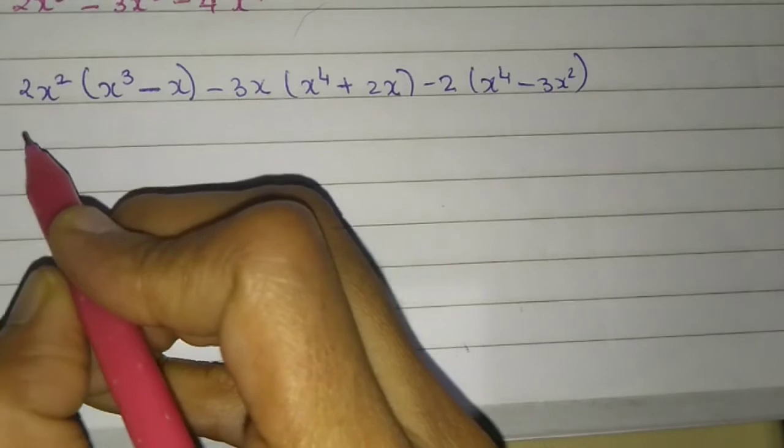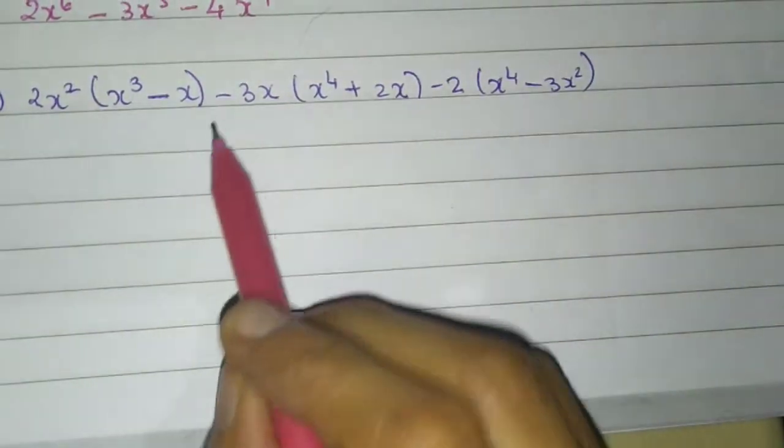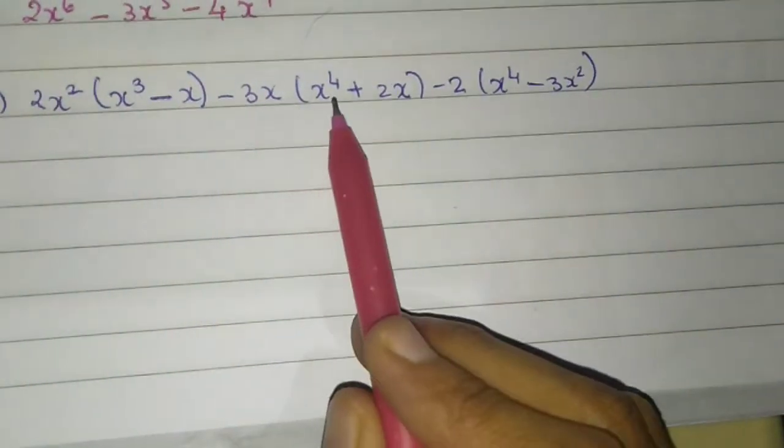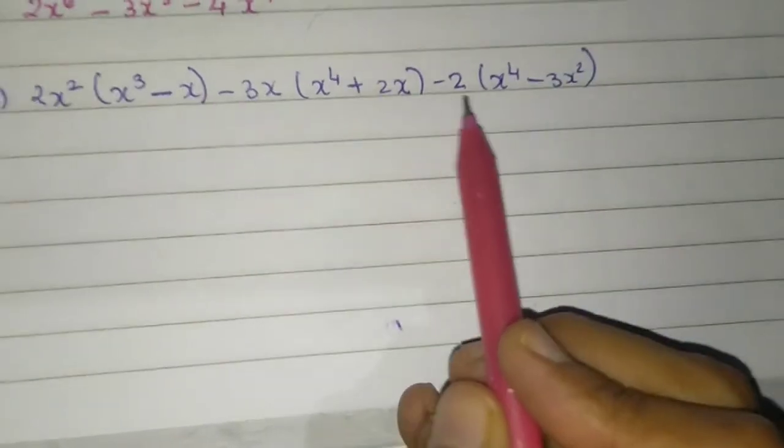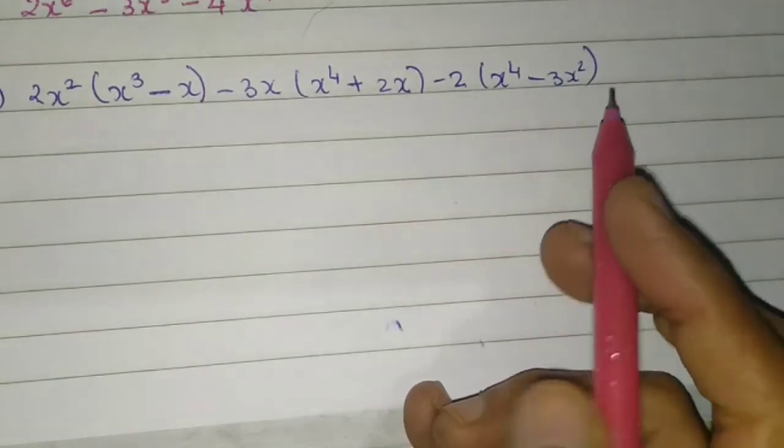Number 20, first one, 2x²(x³ minus x) minus 3x(x⁴ plus 2x) minus 2x(x⁴ minus 3x²).